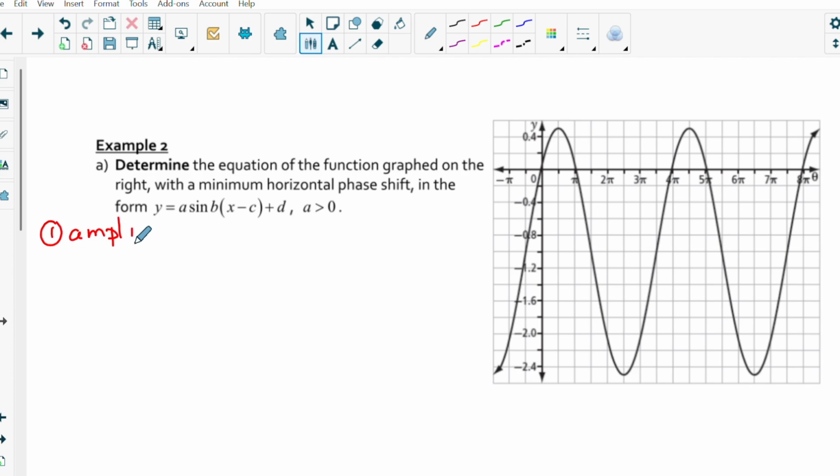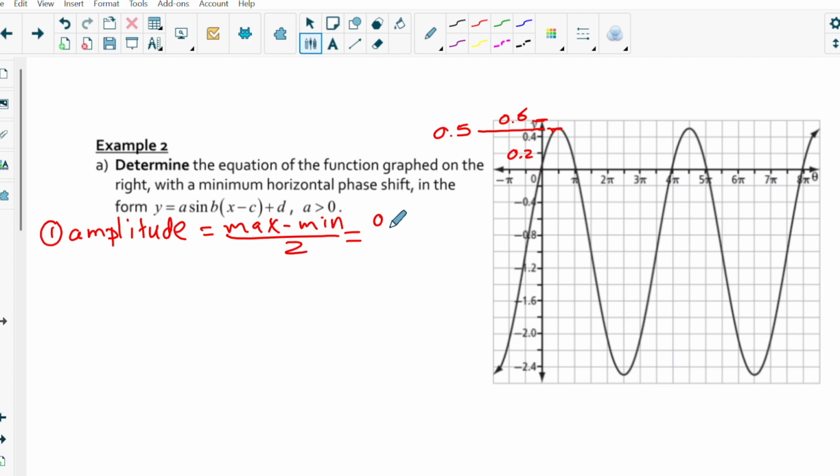I'm going to calculate the amplitude because I can easily read the max and the min values. I have a max value of, be careful with this. This is 0.2, so right here, this is 0.6, so the maximum would be at 0.5.